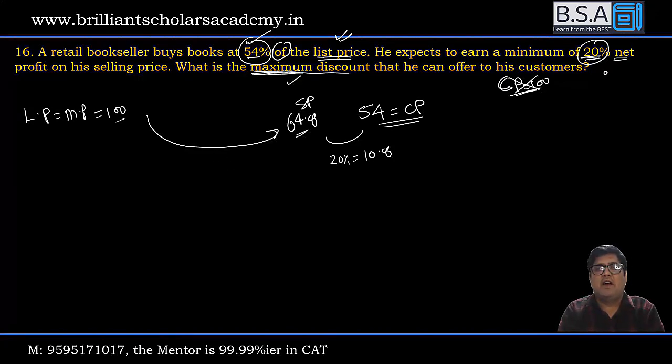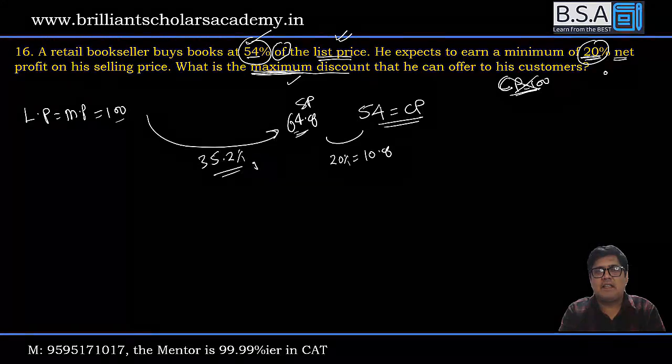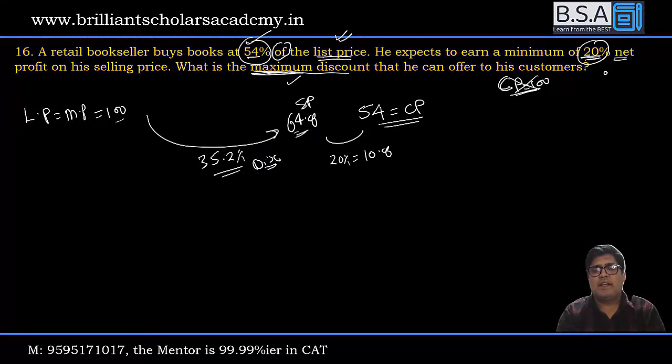Subtract 100 minus 64, we have 36. Further 0.8, subtract, 35.2% discount can be expected. 35.2%. Assume MP as 100, that is the best thing. 35.2.